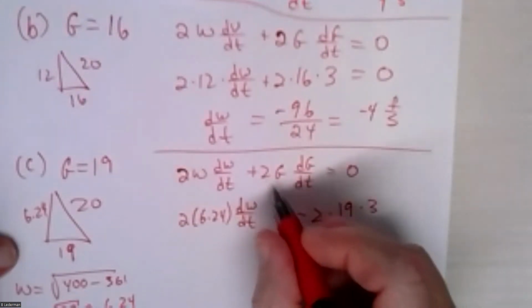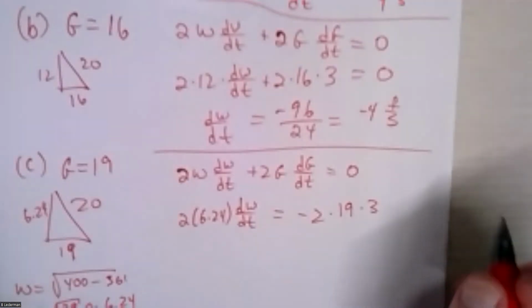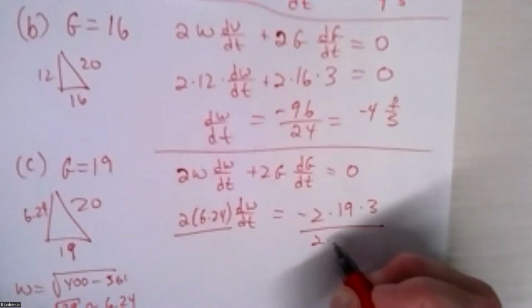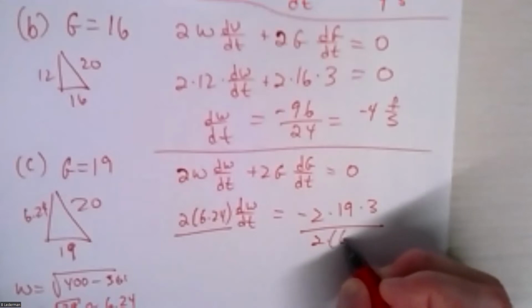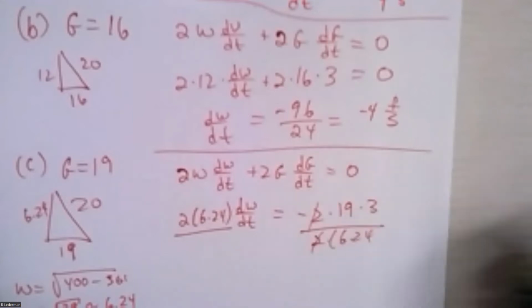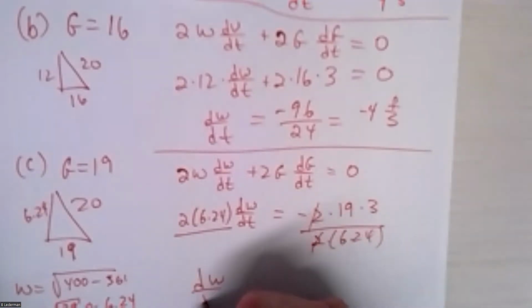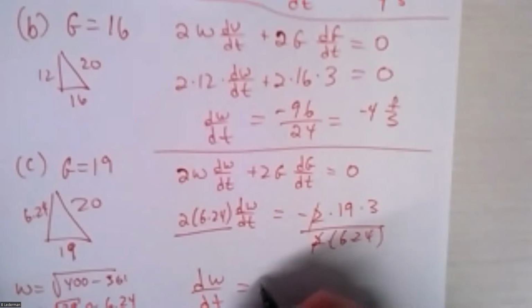Now I'm dividing both sides by 2 times 6.24. The 2's cancel. So I want 19 times 3 divided by 6.24.